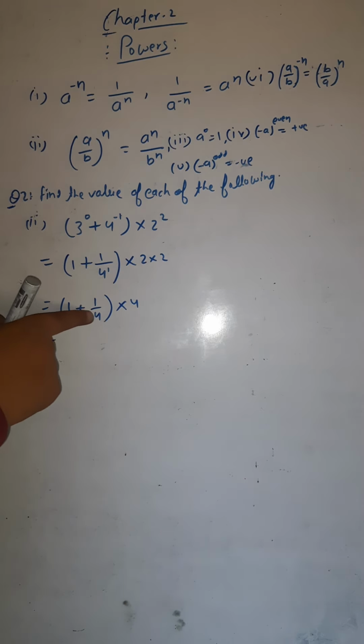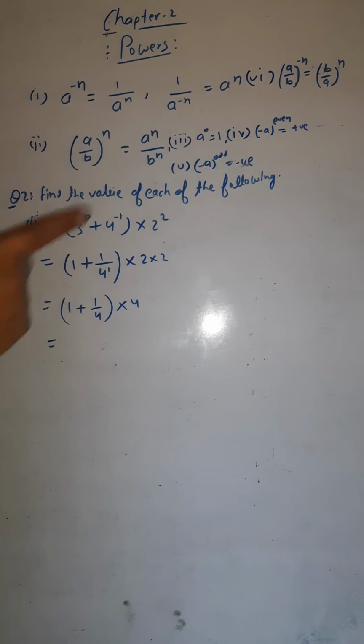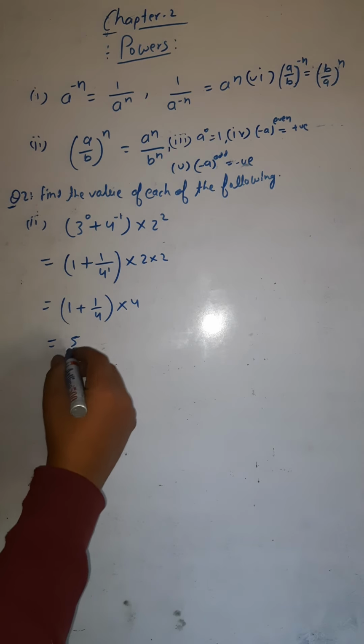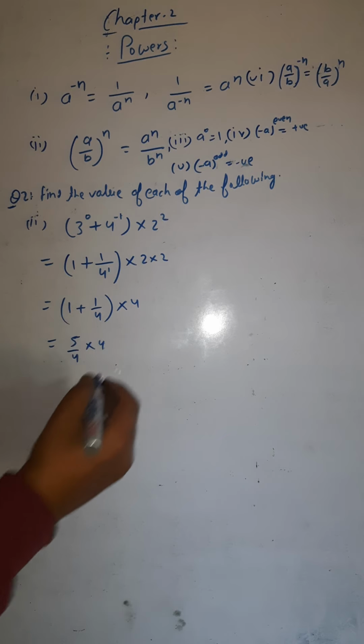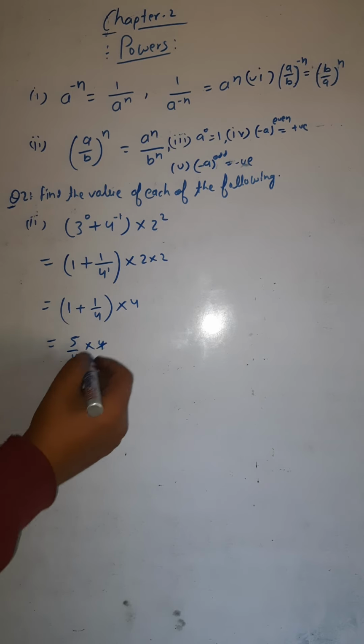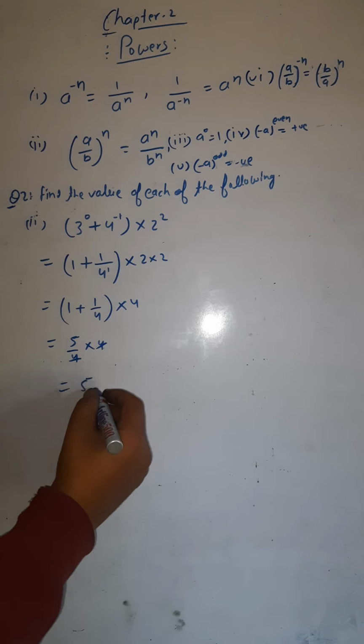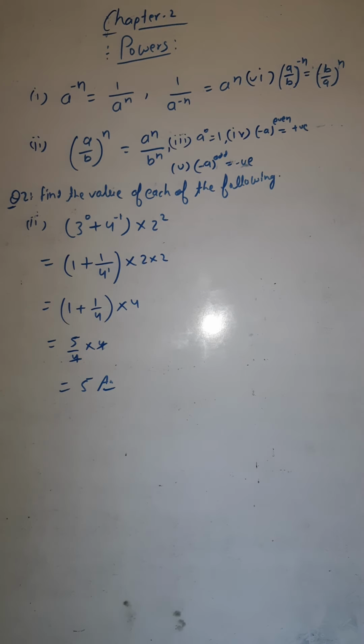You can take the LCM or multiply straight away here also: 4 ones are 4, 4 plus 1 is 5. It would be 5 by 4. Are you getting this? Outside what is there? Outside there is multiplication by 4. So this 4 and this 4 can cancel each other, so the answer would be 5. This is how you would solve the question. Just note it down.